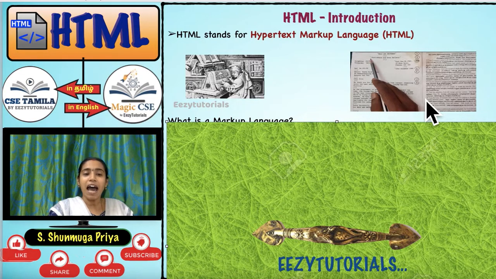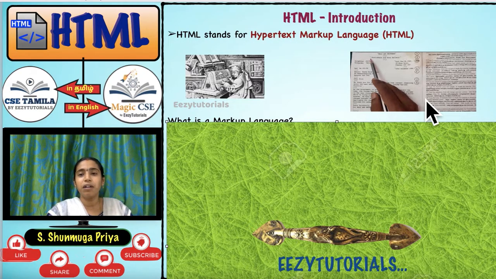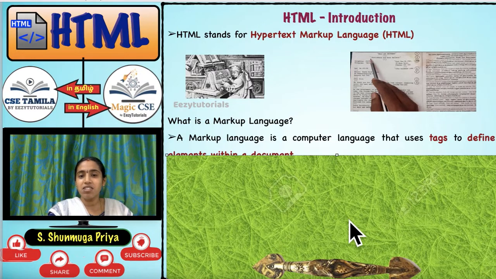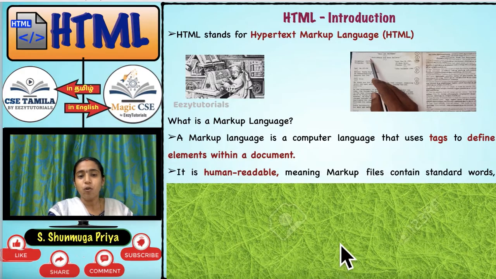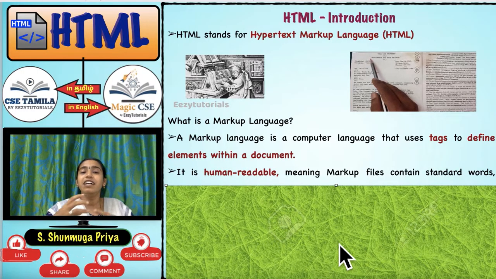After digitalization, after the invention of computers, many languages were created in computers for doing this formatting, and that language is called a markup language. A markup language defines the elements within the document, how each element should appear, whether it should appear in a bold format, the size of the font, all the appearance-related things, and the structure of the document.